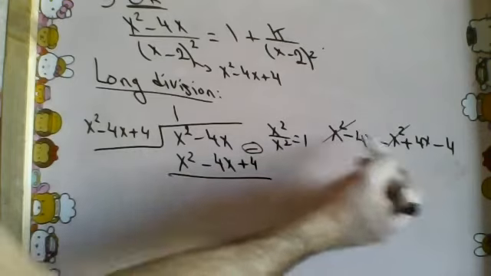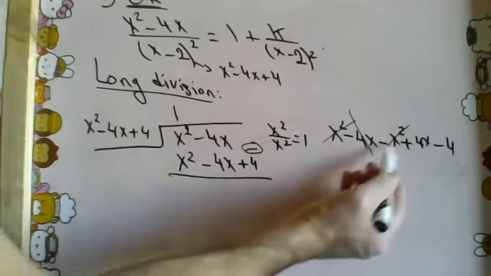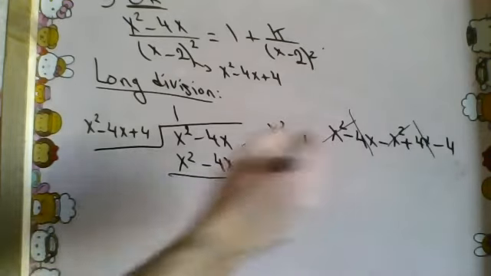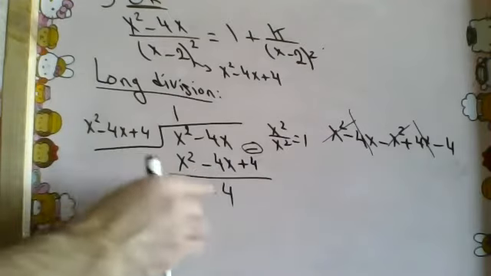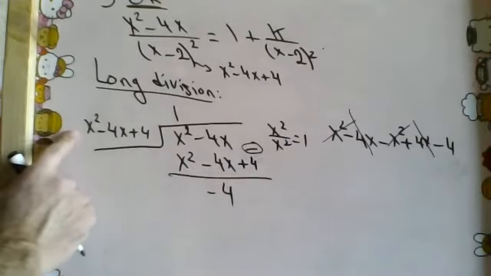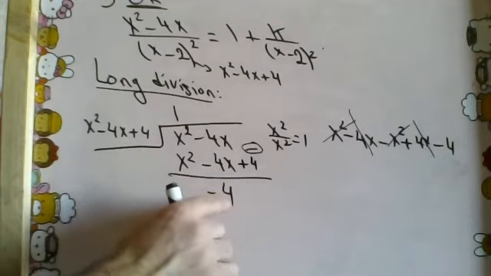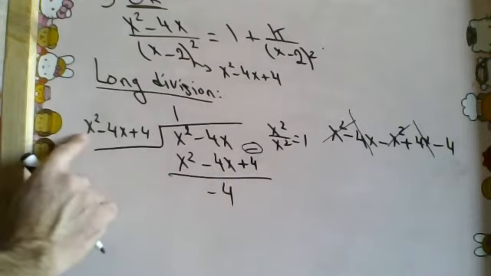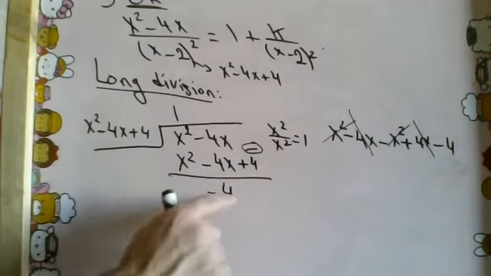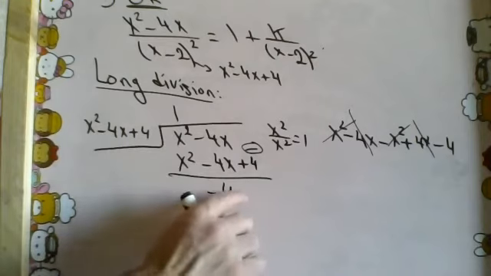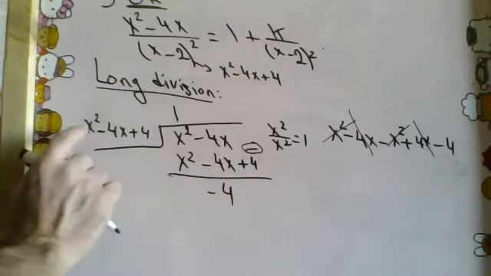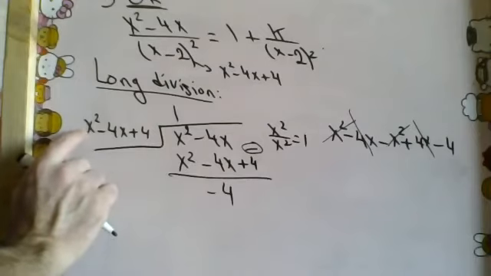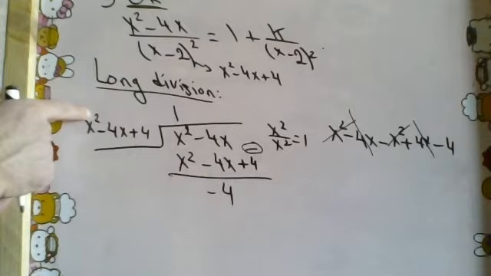X squared minus x squared is 0, minus 4x plus 4x is 0, and then negative 4. Here you can't continue the division, because here you have 4 and here you have x squared. You continue dividing only if the degree of x is greater than or equal to 2. So you stop.